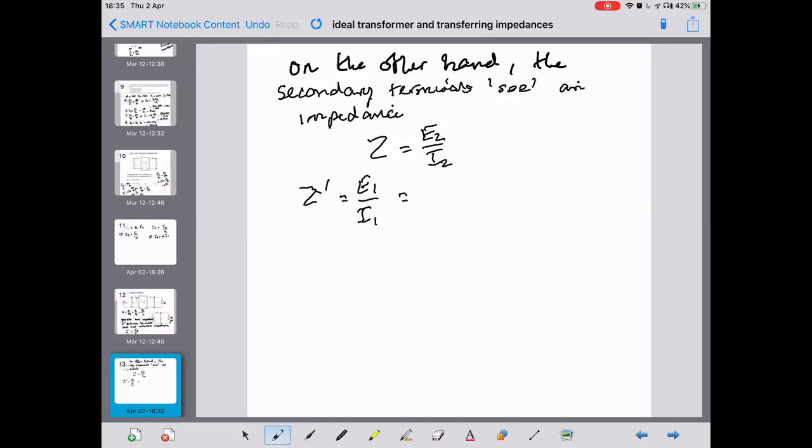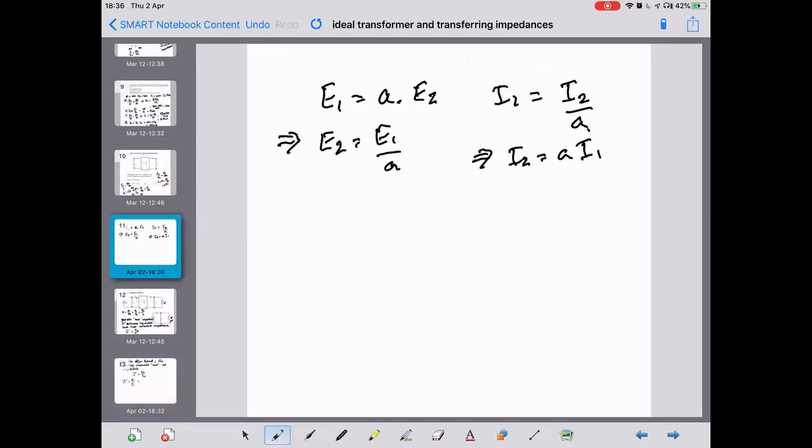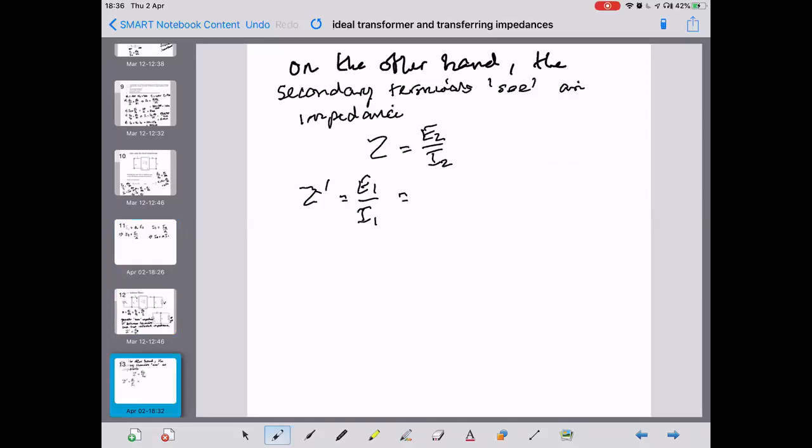And from our formulae on the previous pages, we said that E1 is equal to A times E2. So I'm going to substitute for E1 and write A times E2.